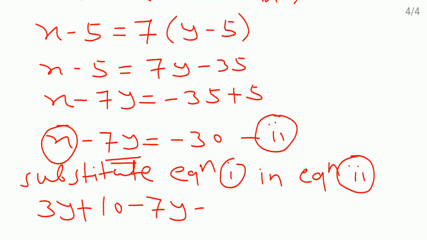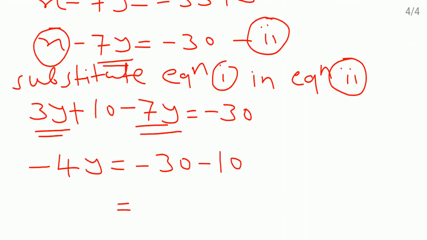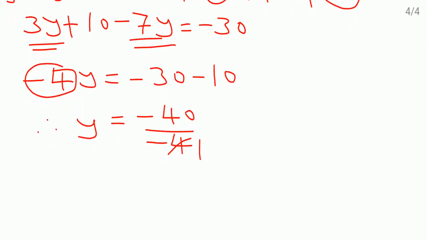Minus 7y, which is equal to minus 30. Now here 3y and minus 7y, it is minus 4y. This plus 10 I will send that side. So minus 30 minus 10, which is equal to minus 40 divided by minus 4. This minus 4 will go the right side. So it will divide the number. 4 ones are 4, 4 tens are 40, negative cancelled. Therefore y is equal to 10.